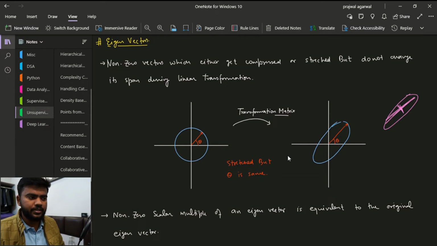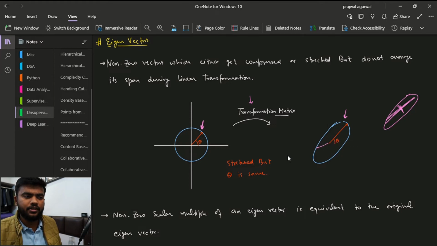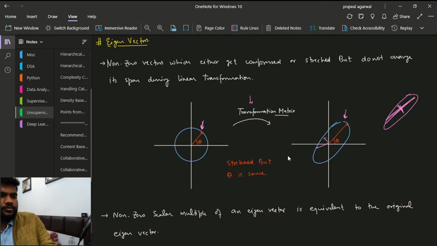Suppose this was initially the vector in our old space. When we perform the transformation matrix, this vector got stretched, but this vector did not change. This vector did not move to some place here or some place here. This vector just got stretched, but it did not move.